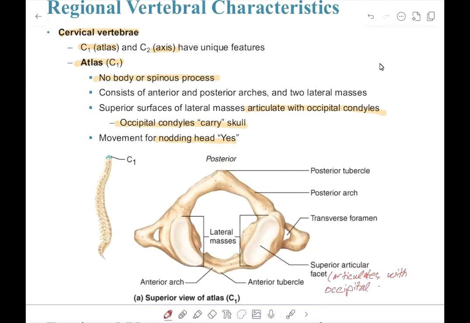And remember that the occipital condyle is on both sides of the foramen magnum at the base of the skull. Like the other cervical vertebrae, the atlas also has a transverse foramen, but it does not have a body or spinous process.